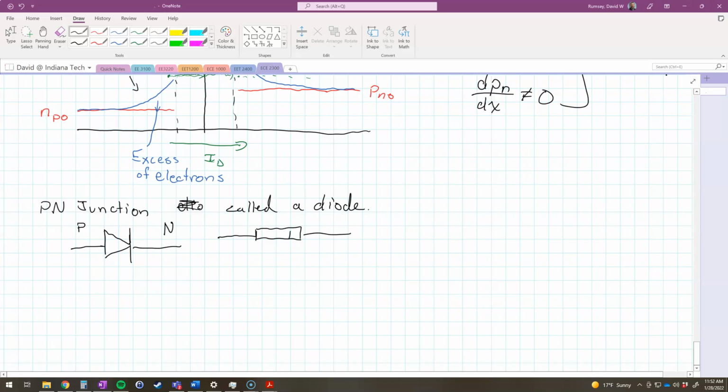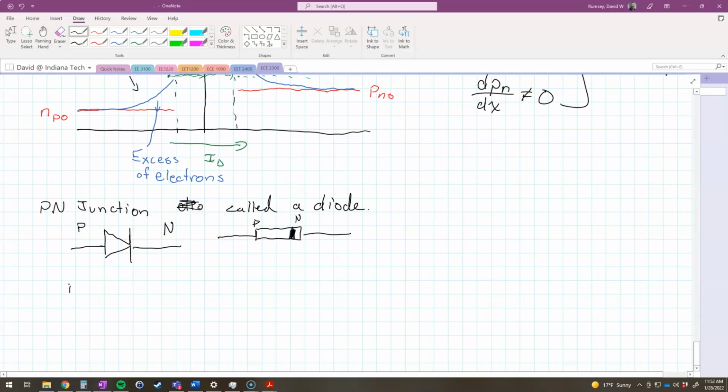There's going to be a bar on one side of the diode, and that indicates the N side of the diode. And so this would be the P side of the diode. Because it does matter what direction we plug diodes in when we start building circuits with them.